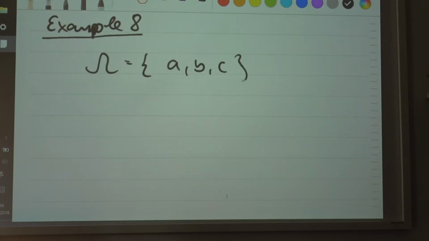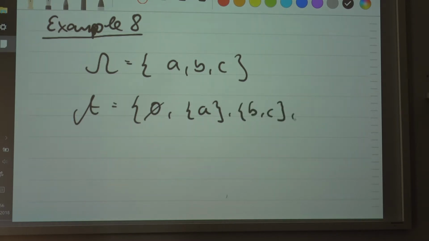It could be some natural numbers or anything you like. And you have capital A, which is as follows: you have the empty set, then the set that has a as its element, then the set that has b and c as its elements, and omega.